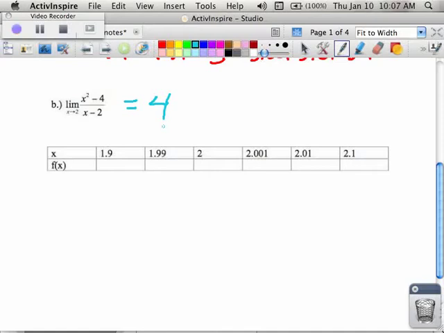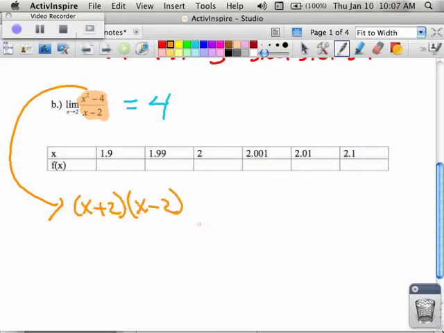Well, if I were to look at the information that I see right here, and I were to rewrite that in factored format, you would see the following. And I notice that on the top and the bottom, these two things are canceling out.